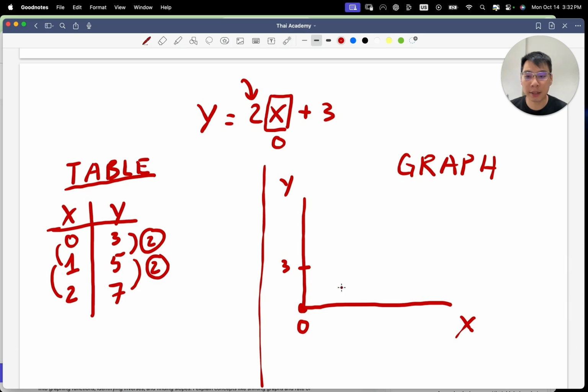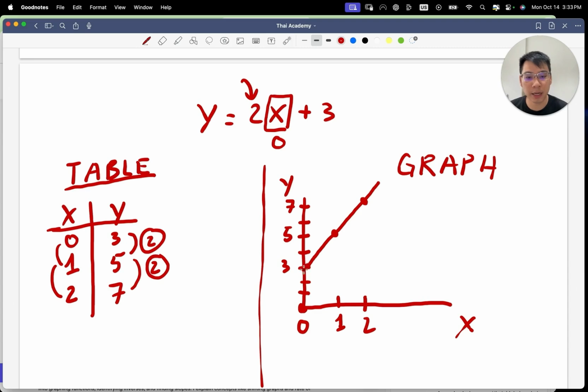Then for 1, I go up to 5. For 2, I go to 7. If I connect all of these dots together, I will have a straight line.